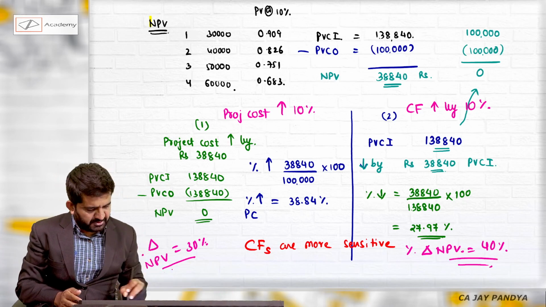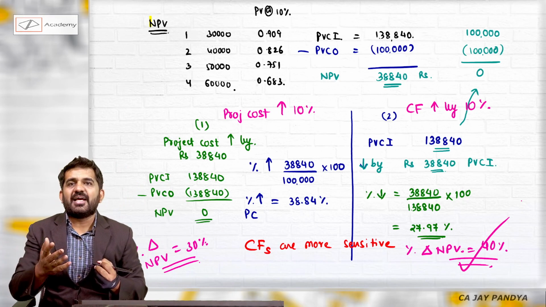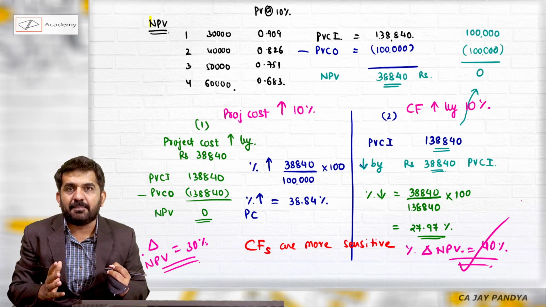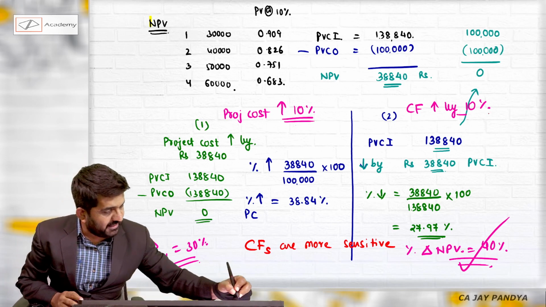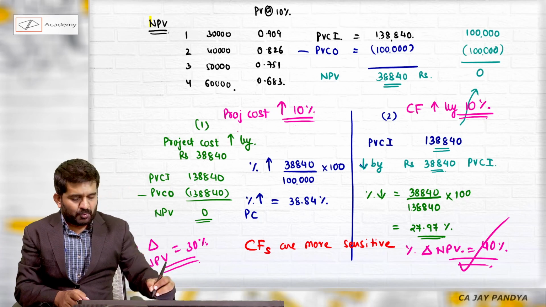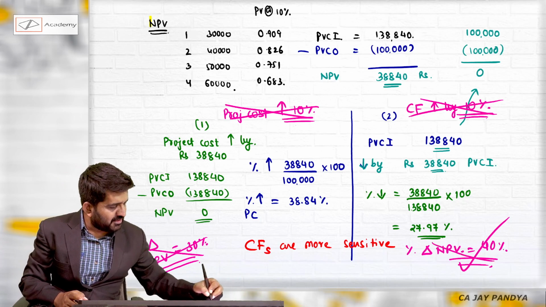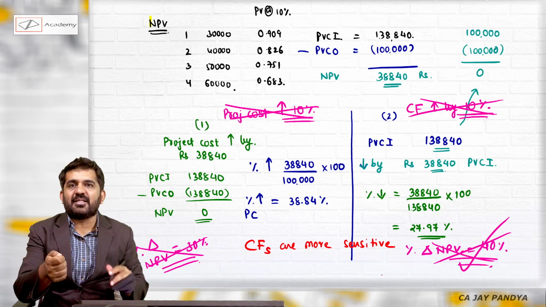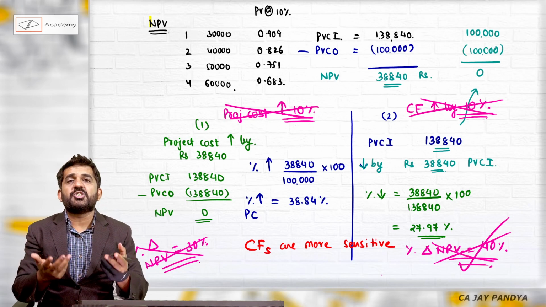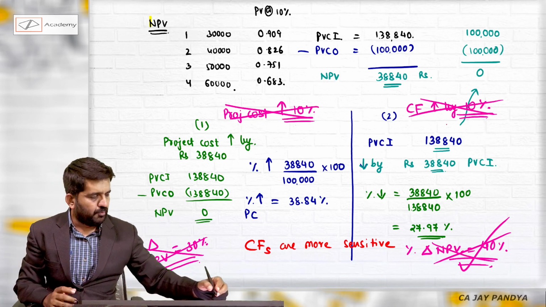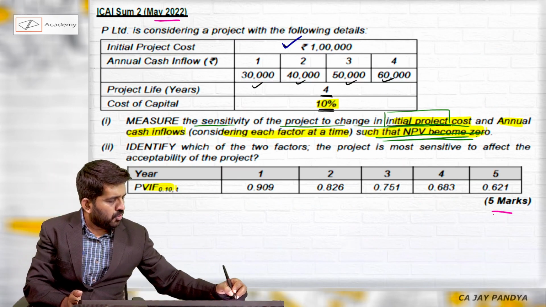Suppose this is 40% and this is 30%. We will decide that this is more sensitive, because there is more percentage change in NPV because of 10% increase in cash flow. Here we take the base as same, but this question is totally different. They are asking us to first find out the sensitivity so that the NPV will become 0. And then they are asking which variable is more sensitive, and we have proved that cash flow is more sensitive. So excellent question, May 2022 of 5 marks.